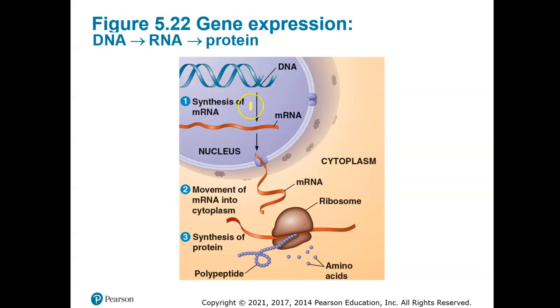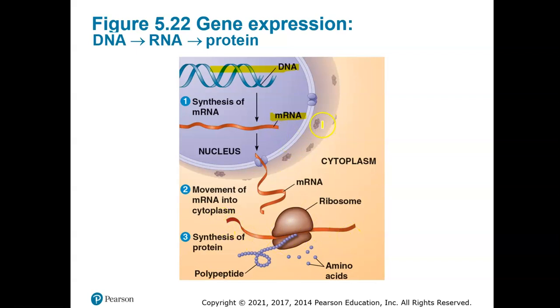So this first step in gene expression or protein synthesis is that the DNA molecule contains the code for a messenger RNA molecule. So you first start out with DNA, which is large, and it codes for messenger RNA, which is smaller. And that messenger RNA is small enough to fit through the pores in the nucleus and come into the cytoplasm and attach to a ribosome.